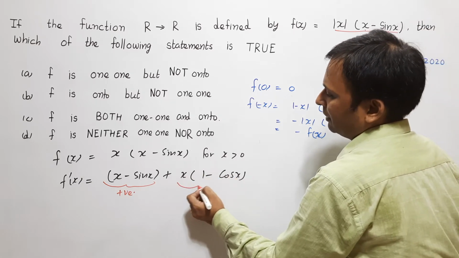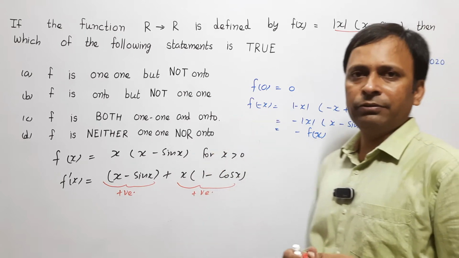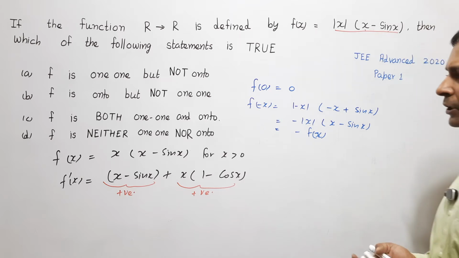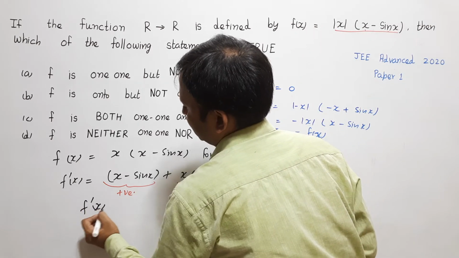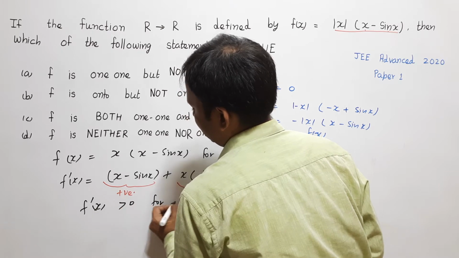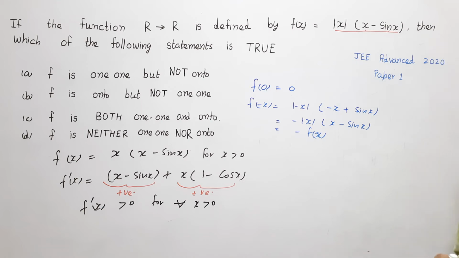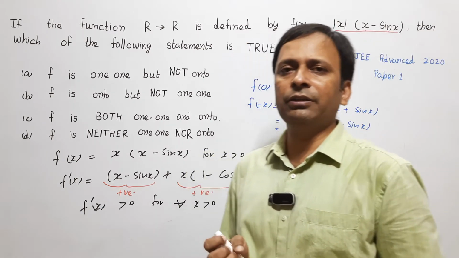So x times (1 − cos x) will also give a positive value only. So the sum of these two positive numbers will always be positive. This concludes that f'(x) is always greater than 0 for all values of x greater than 0. That shows the first derivative is always positive for positive values of x.